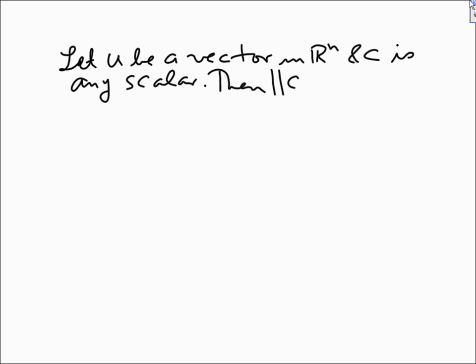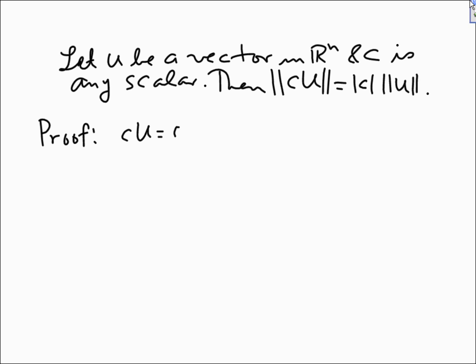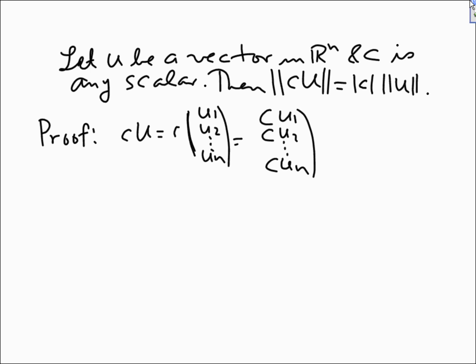Then the length of C times U is the absolute value of C times the length of U. We want to prove this. C times U is C times U1, U2 up to Un, which is CU1, CU2 up to CUn.